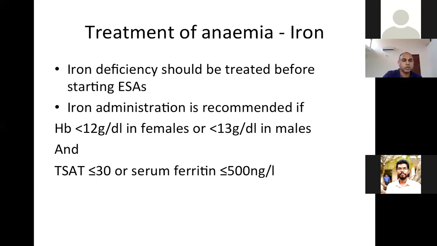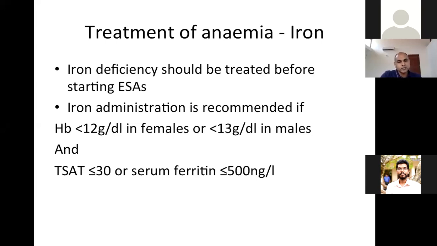Usually it's less than 20 in normal people, but in CKD people, we go up to 30. So even above 20, if they are below 30, we consider them iron deficient. And serum ferritin up to 500, we consider them as having iron deficiency. So in other words, up to these levels, we have to consider replacing iron in these patients.